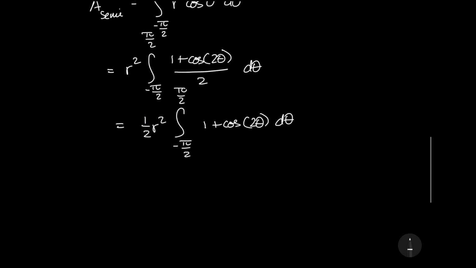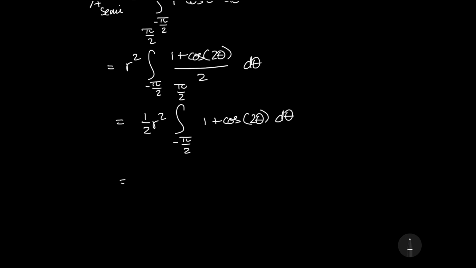Now let's integrate. So 1/2 r squared, and now we're going to use the fundamental theorem of calculus. If we find the antiderivative of this expression over here, and then evaluate it from the low bound to the high bound, and subtract those two values, we get a value for the definite integral. So let's do that. 1/2 r squared times, now we've got to find the antiderivative of 1 plus cosine 2 theta.